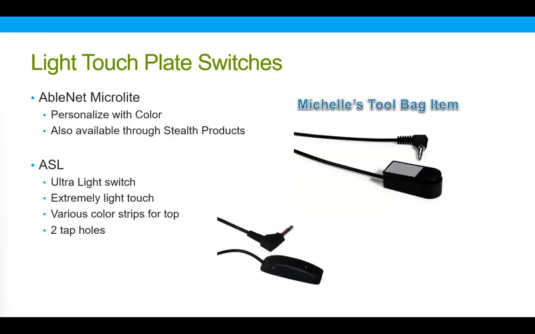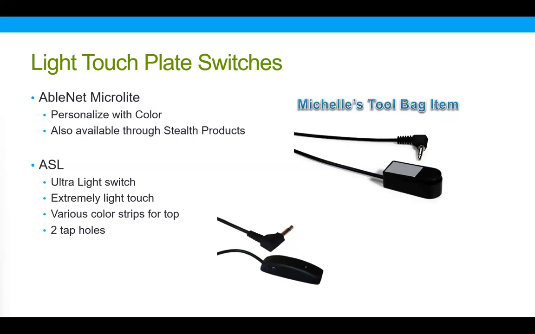Another switch that is in my toolbox that I use a lot, especially with people with muscle weakness, is the Microlight switch. This is available through several manufacturers, but also through Ablenet. That silver rectangle that you see on the surface of the switch can be replaced with other colors. That can be nice, first, just to give the client a choice of colors.